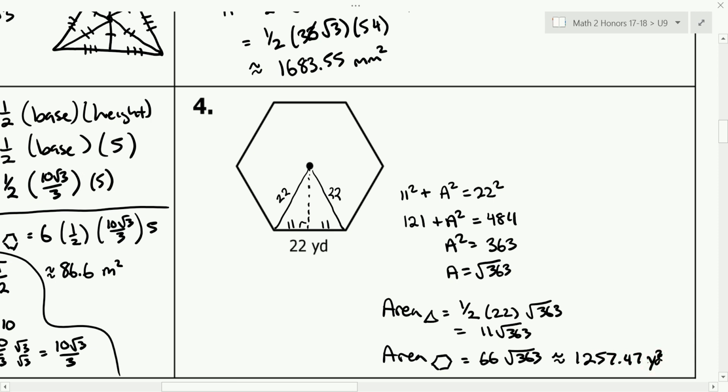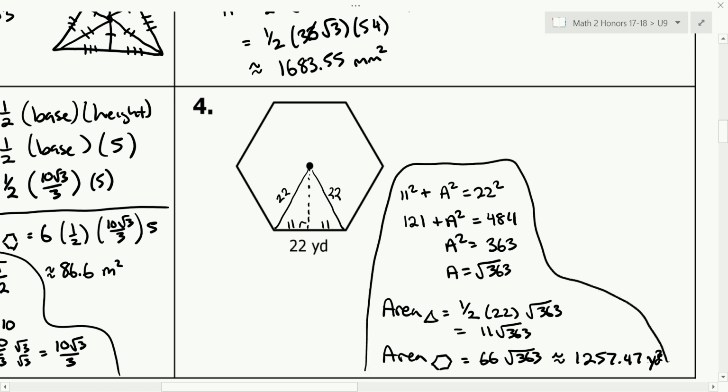Now that's a different way than I was thinking myself. Did anybody do it differently? You got the same thing? Yeah. So what'd you do? Okay, because this is a 30, 60, 90, right?